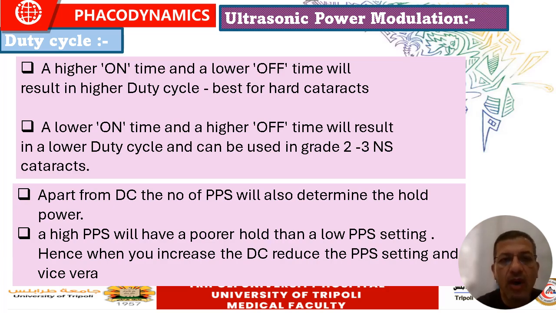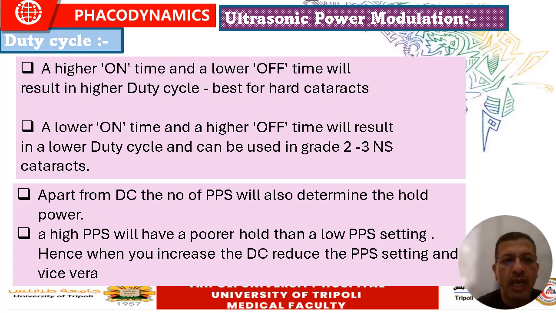And as you know, the off time is very important for two things. It is useful in cooling the phaco needle, and it is during this time that the vacuum will hold the lens fragment. So by increasing the duty cycle, you increase the emulsification power at the expense of the holding power, so the holding ability will be reduced. So you have to adjust between those two variables.